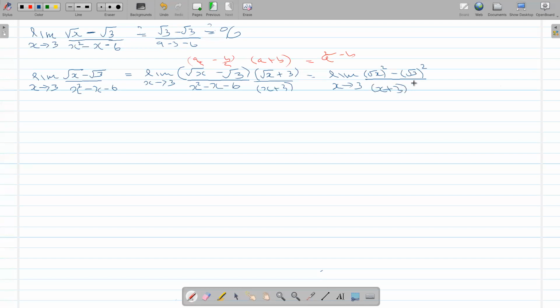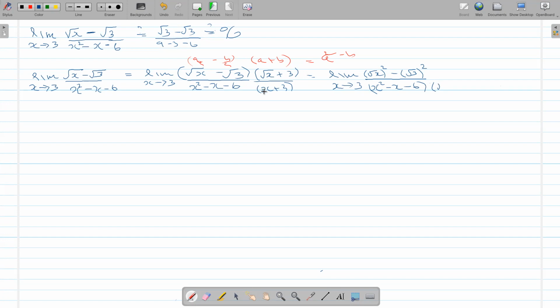I keep it like that. Sorry, this one: the denominator x squared minus x plus 6 minus x minus 6, and here I will keep this one.